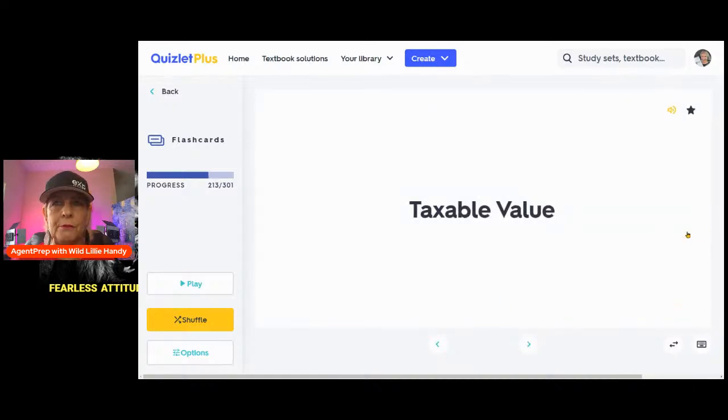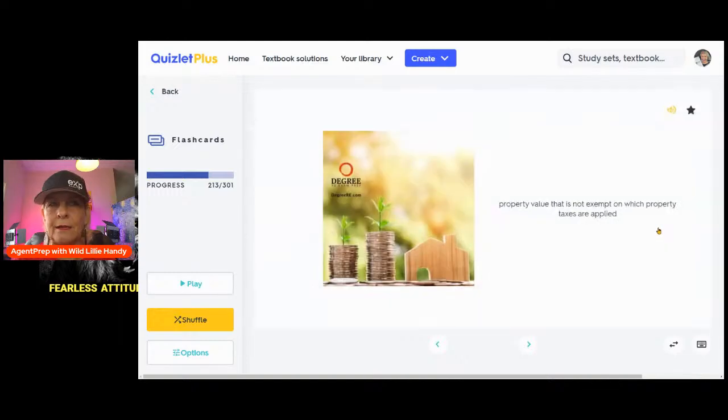Taxable value. What is taxable value? We had automated market value. Now it's taxable value. The property value that is not exempt on which taxes are applied. So individuals can have exemptions, homesteads, right? That portion of their property will not be taxed.